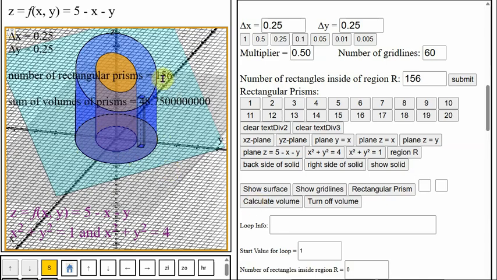And so we have about 156 rectangles inside of region R, which is the region between the two circles here. So 156, and we get the sum of the volumes is 48.75. And now I'm going to make the length and the width even smaller, as 0.1.